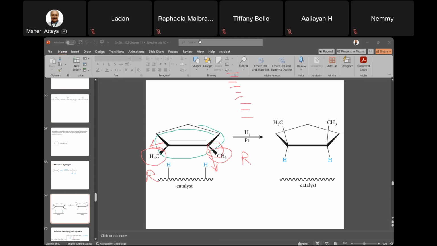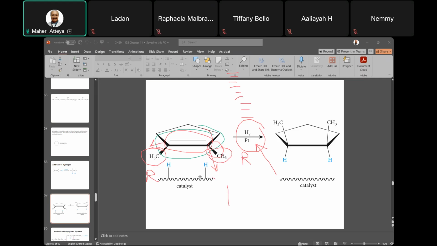Anyway, now this double bond here can be what? Can add to it hydrogen in the presence of platinum as a catalyst. What do we call this type of reaction, somebody tell me? Hydrogenation, perfect, correct.